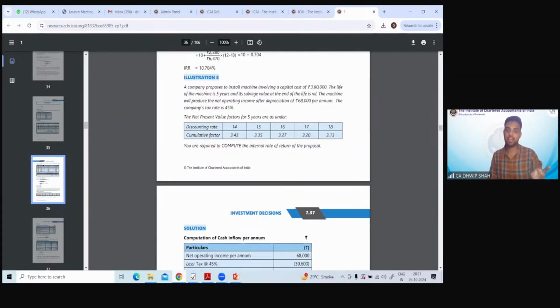Then we saw profitability index, which is also known as desirability factor. Desirability factor is how much rupee of cash inflows 1 rupee of investment is generating, in present value terms. And lastly, we saw the IRR technique. IRR is the discounting rate where your NPV is zero, or in other words, where PVCI is equal to PVCO, and it denotes the maximum earning capacity of the project.